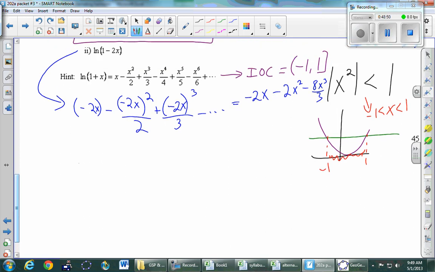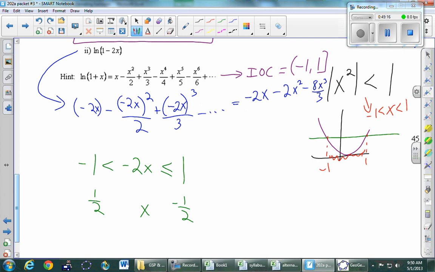So for us, we need negative 1 less than or equal to negative 2x less than 1. But we have a negative 2x in the middle. Everybody see where the minus 1 and 1 came from? Just copied from the reference sheet. And then we solve for x, 1/2 here, minus 1/2 over here. What funny thing happens?